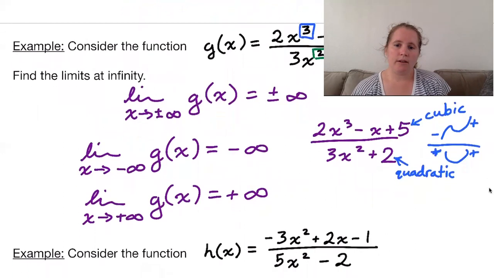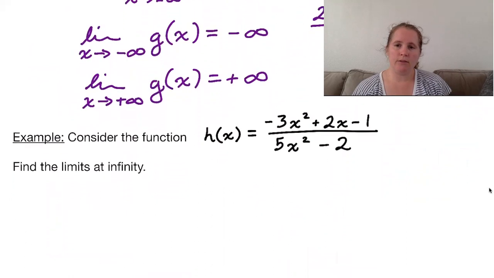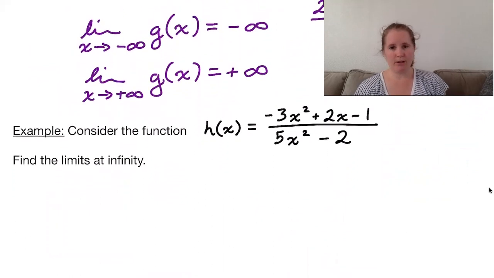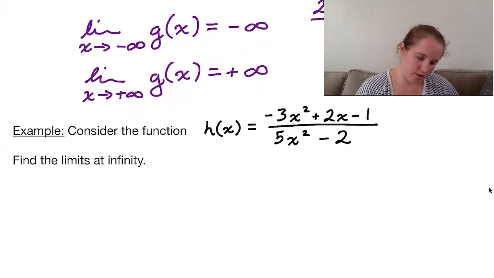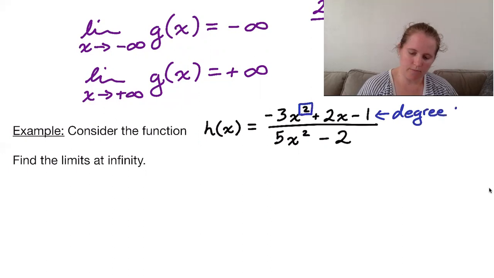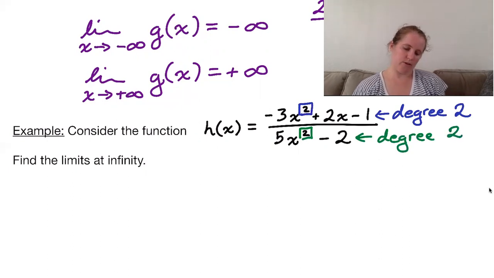Now let's consider the function h of x equals negative 3x squared plus 2x minus 1 over 5x squared minus 2. In this case, we are looking at degree 2 up top and degree 2 down below. So this is a situation of case 3.